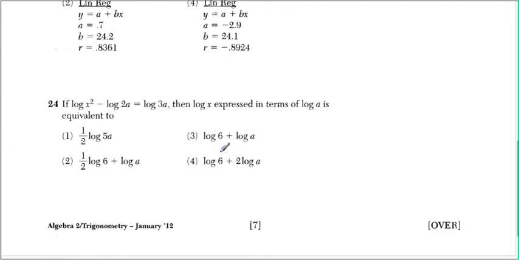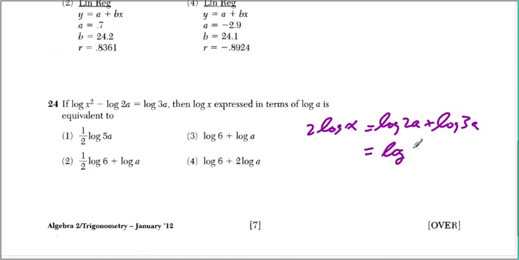Alright. Your log question. We have 2 log x, that's the power rule, minus log 2a equals. We'll add the 2a across, plus log 3a. Multiply those, we get log 6a squared, 2 log x.